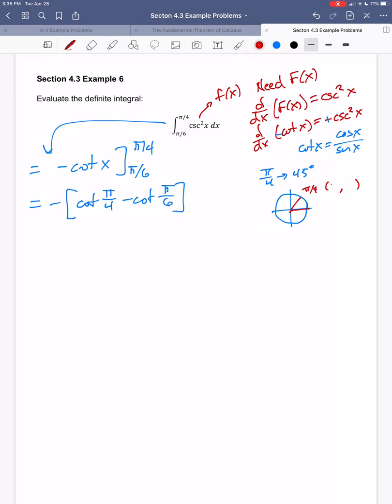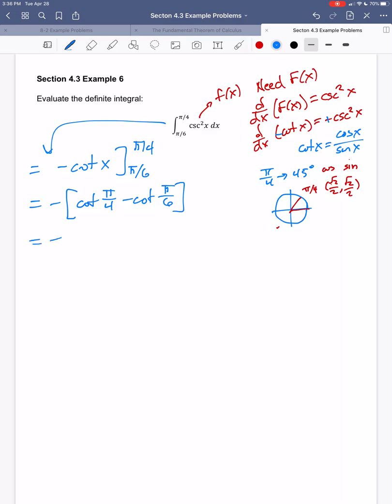Well, pi over 4, a 45-degree angle, that means x and y are equal. So at pi over 4, the cosine and sine were both square root of 2 over 2. So the cotangent is cosine over sine. This is my cosine. This is my sine. If I take cosine over sine, I'm taking square root of 2 over 2 over itself. Well, that's just 1.